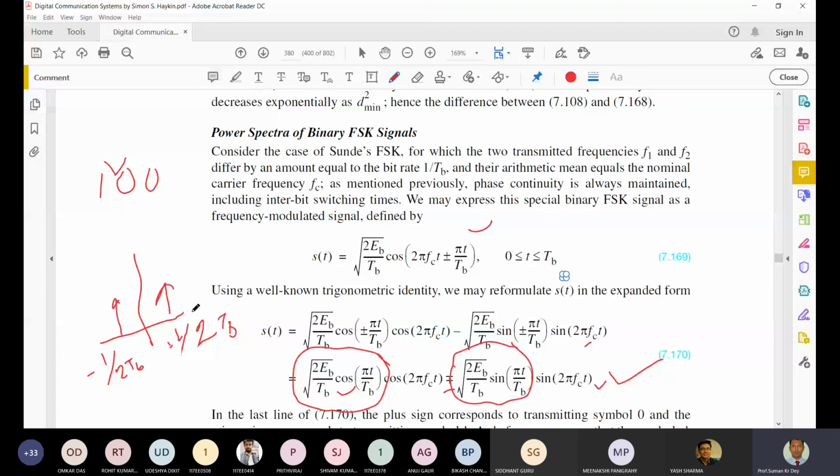Okay, and what is the weight of this delta function? That means the amplitude will be equal to square root of 2 EB by TB.